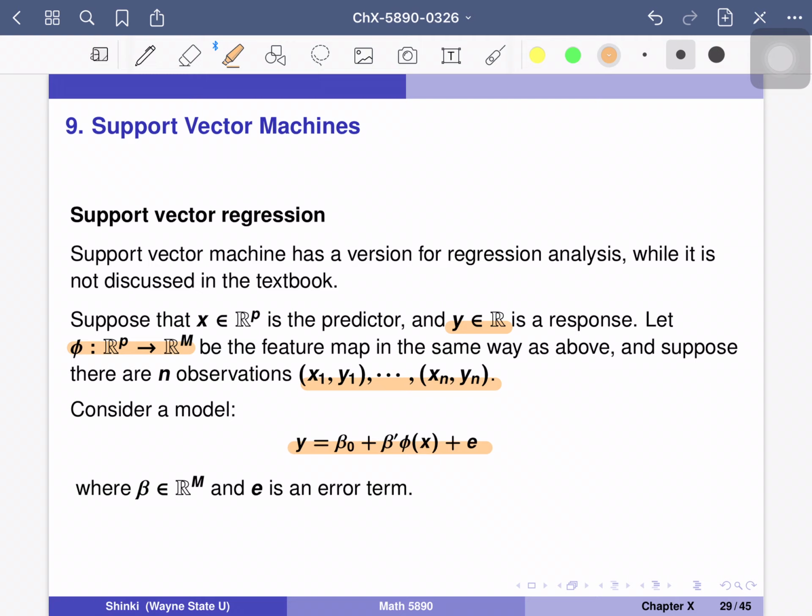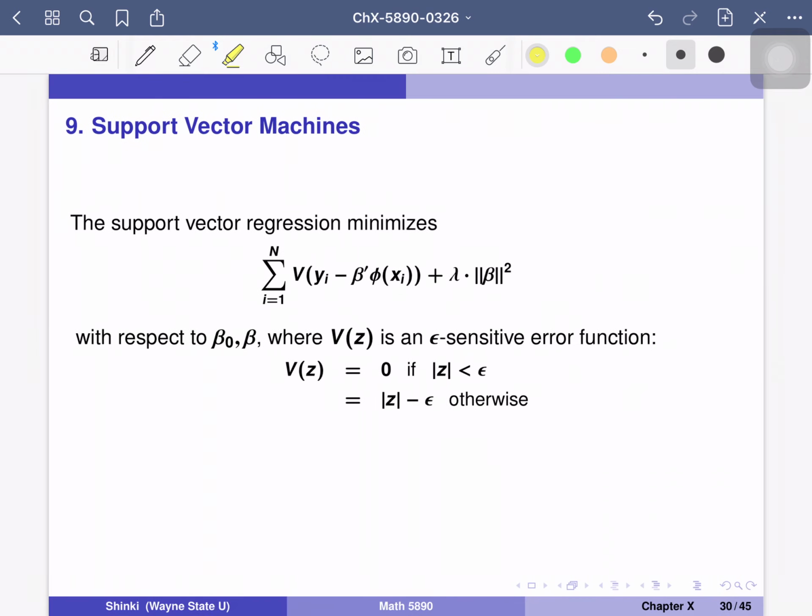And support vector regression has some special treatment on error. In linear regression, we minimize the sum of squared residuals. But support vector machine has a different error function. So support vector machine minimizes this error size and the size of the parameter.